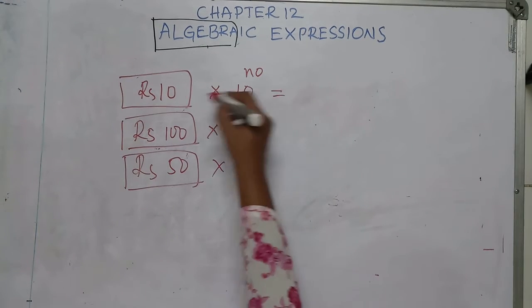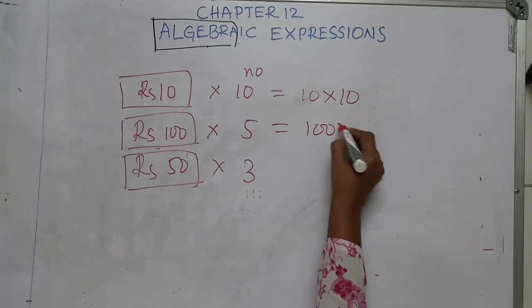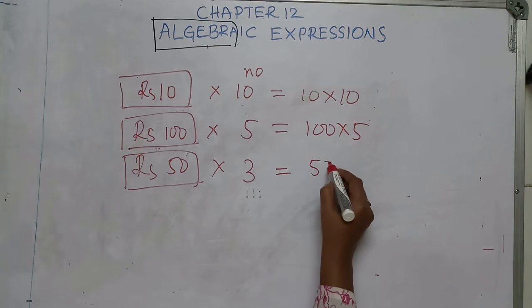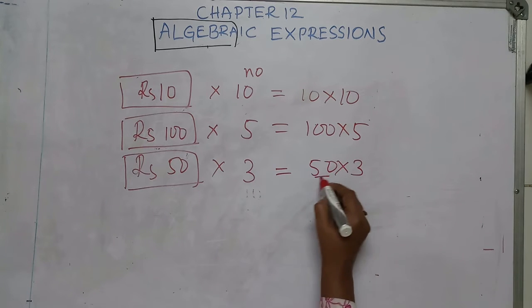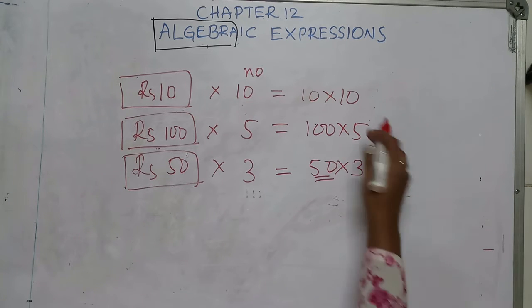That means the total money with you is how much? You multiply 10 into 10, 100 into 5, and 50 into 3.